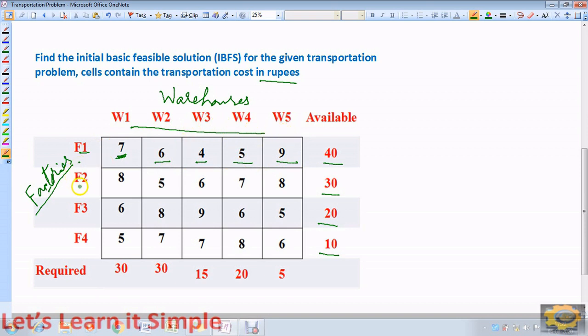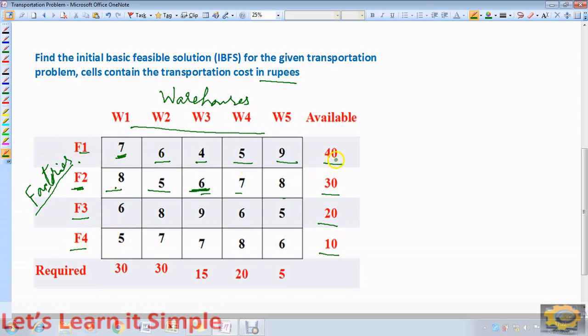Similarly, if you move a product from the second factory to warehouses 1, 2, 3, 4 and 5, these are the costs. Similarly for the third and fourth factories.